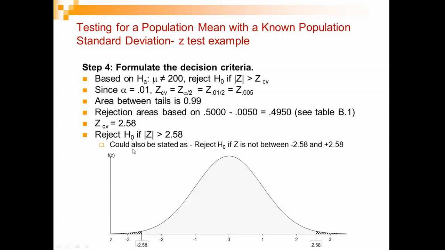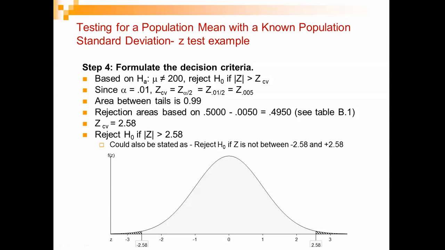We're going to reject the null hypothesis if our z statistic that we calculated from our sample data, the absolute value of our z statistic or z score, is greater than 2.58, which was the critical value that we determined from Appendix B1.